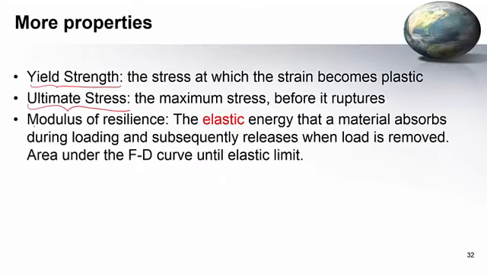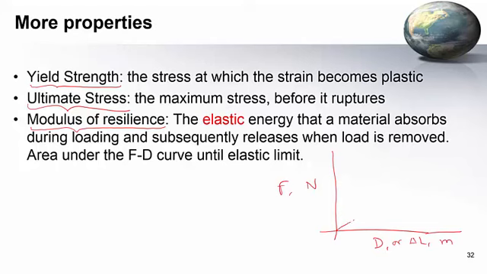Another one is the modulus of resilience. It is the elastic energy that a material absorbs during loading and subsequently releases when the load is removed. So this one you want to plot on the FD curve. F is in Newton. The deformation or delta L, let's say plotted in meter. Let's say you have a curve like this. Okay.